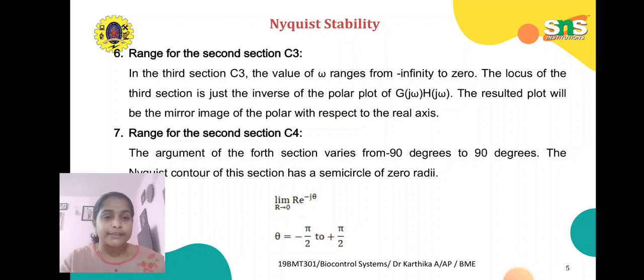And range for the fourth section C4: the argument of the fourth section varies from minus 90 degrees to plus 90 degrees. The Nyquist contour of this section is a semicircle of zero radius. Here the formula is limit r tends to 0, r e power minus j theta. Theta varies from minus pi by 2 to plus pi by 2.